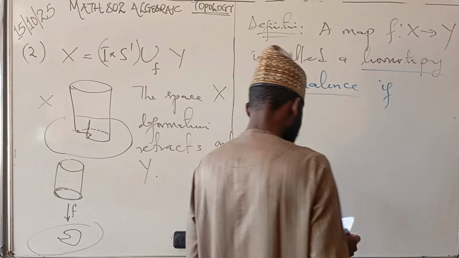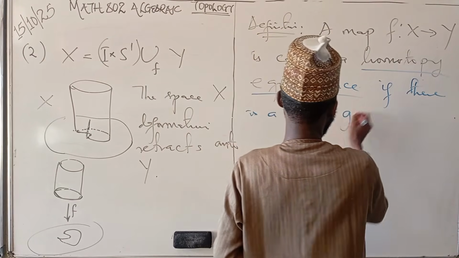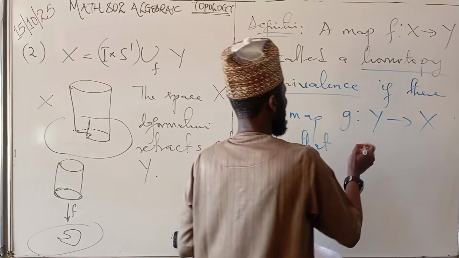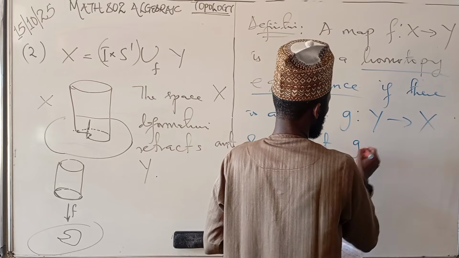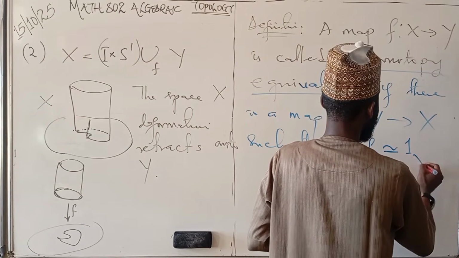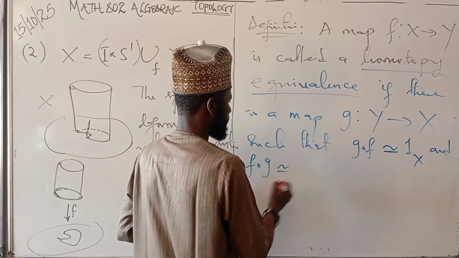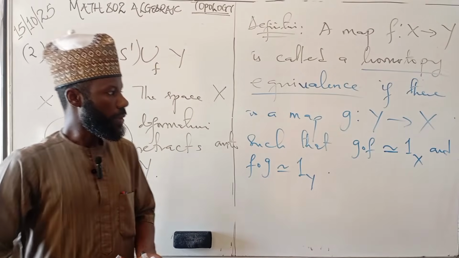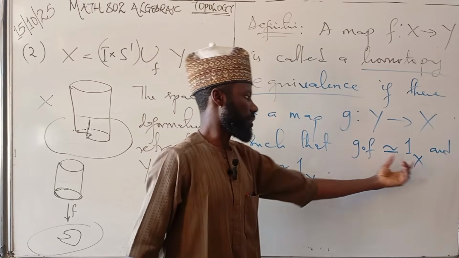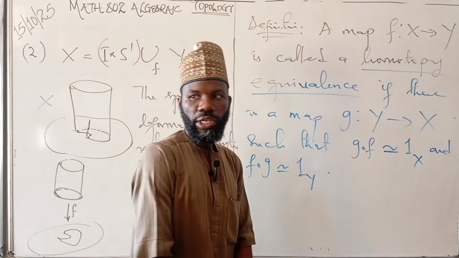So if you can find a second continuous mapping G from Y to X, such that G composed with F, so G after F, is homotopic to the identity on X, and F after G is homotopic to the identity on Y. If you can have these maps like this, such that one composite is homotopic to the identity on X, and this other composite is homotopic to the identity on Y, then the mapping F is said to be a homotopy equivalence.